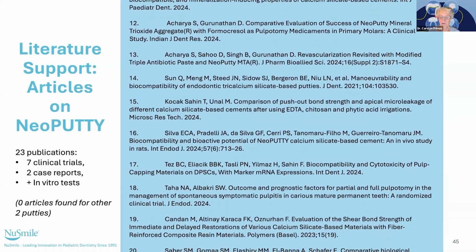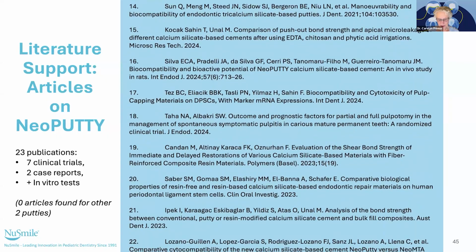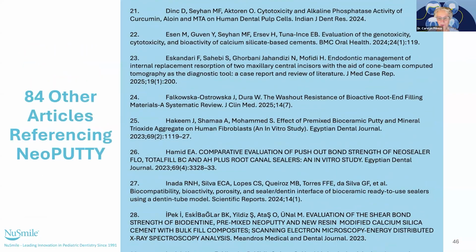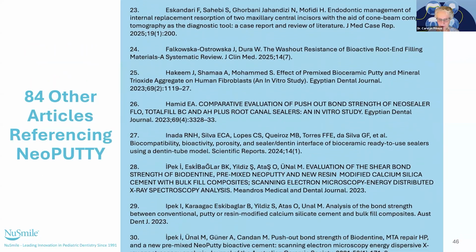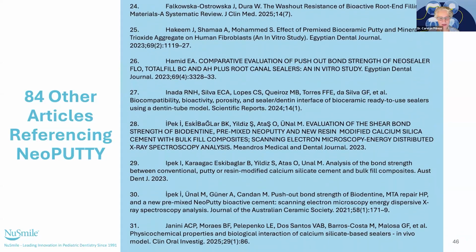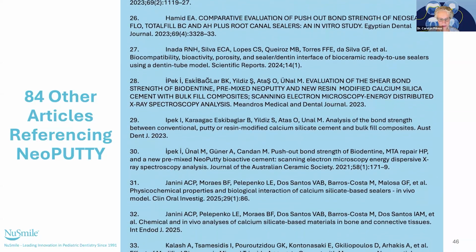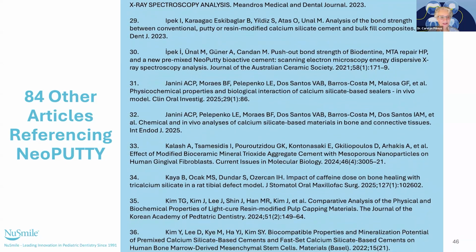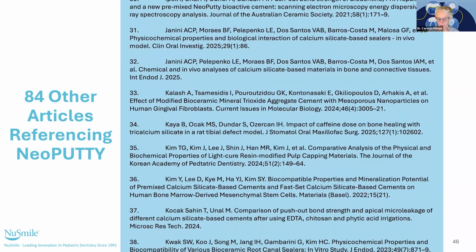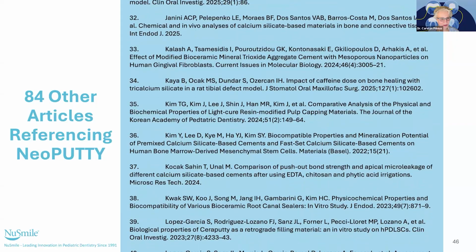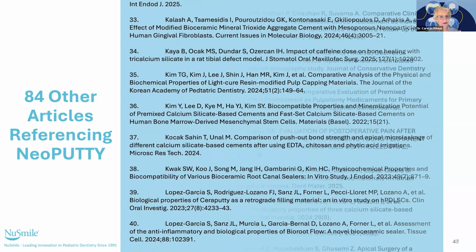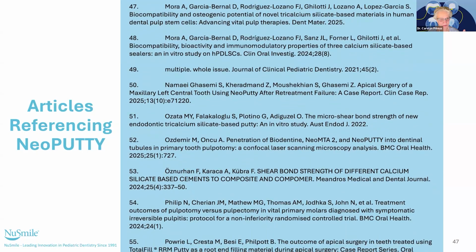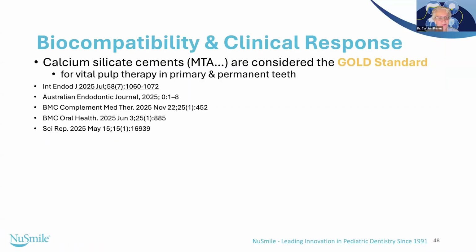But I didn't find any articles on the other 2 putties. And just as a note, in my EndNote library of references, there are 84 other articles that I've read about neoputty that at least mention it peripherally or in some way they've tested it. So you don't need to see the whole list, but it's there.